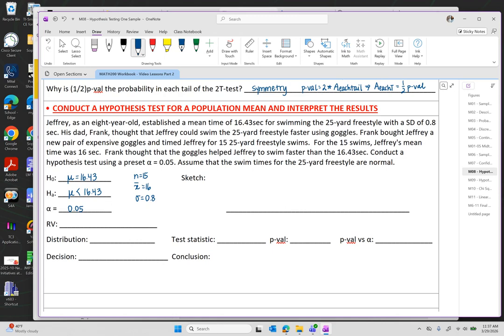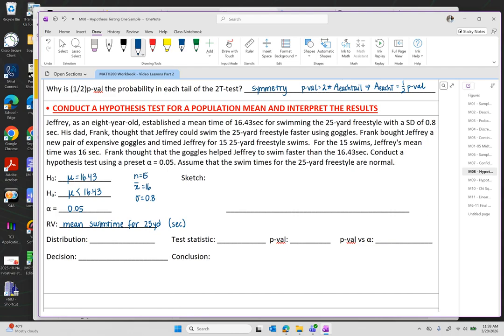And the random variable we are checking will be the mean swim time for 25 yards. The units will be in seconds, but also it will be the mean of a sample of size 15.